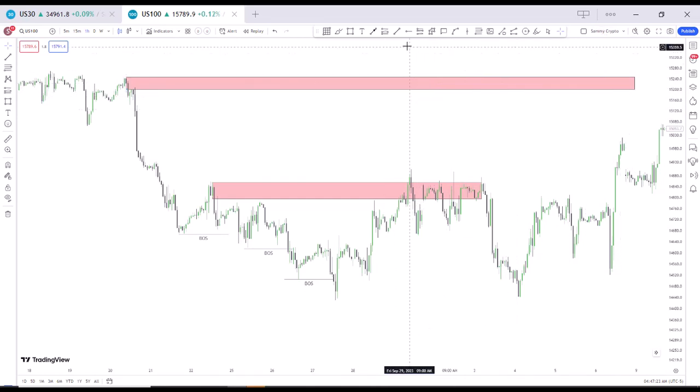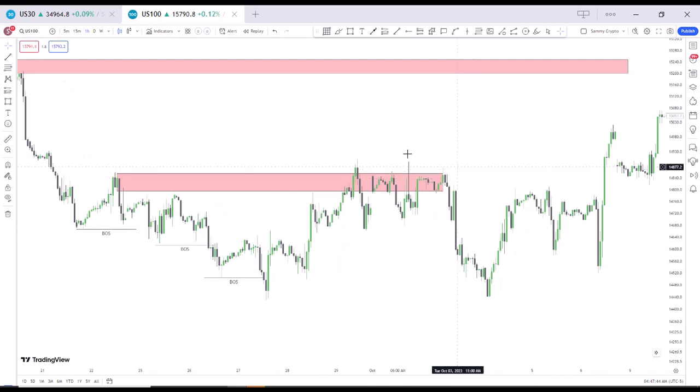I don't trade like this, I'm just using it as a point of reference to outline the mistakes you've been making, right? So let's say this is a break of structure. You have the second break of structure, third, and the fourth, and we have the first supply with the second supply. And let's say you trade like this and you wanted to take the sell.